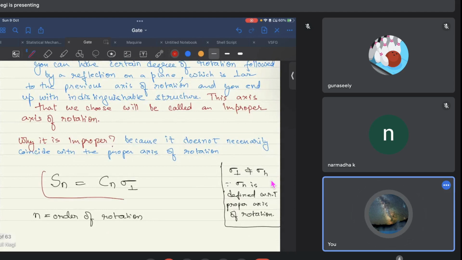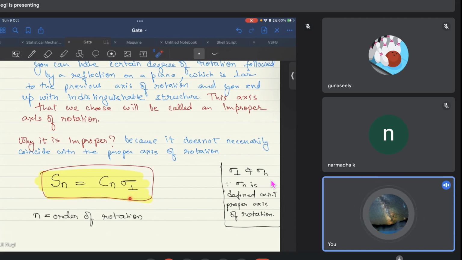So this Sn will be denoted as equal to Cn and then sigma perpendicular. In many books you will see some say this is sigma h. However, the sigma h notation was used when the mirror plane doing the reflection was perpendicular to what? The proper axis of rotation.